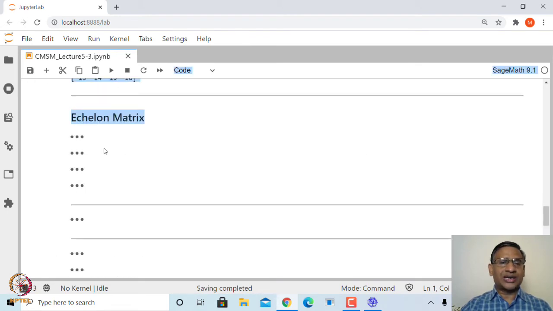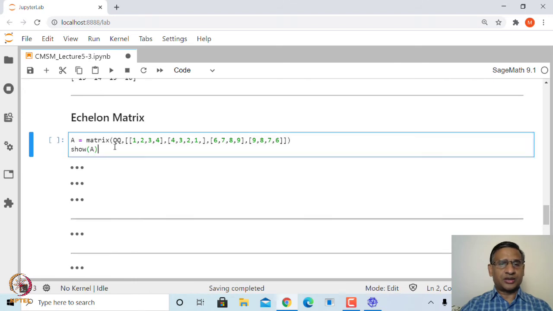So there is a matrix called an Echelon matrix. In an Echelon matrix, if there are some 0 rows, they appear at the bottom and non-zero rows are at the beginning. Also, if I take any 2 rows, let us say the ith row and jth row, with a non-zero element in each, and j is bigger than i, then the non-zero element in the ith row should be to the left of the non-zero element in the jth row.